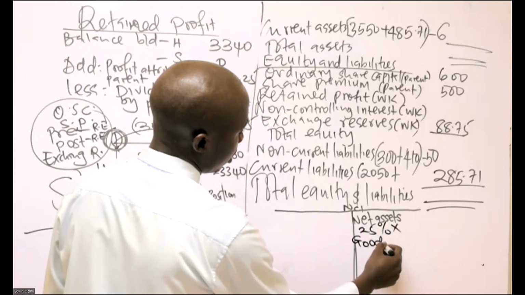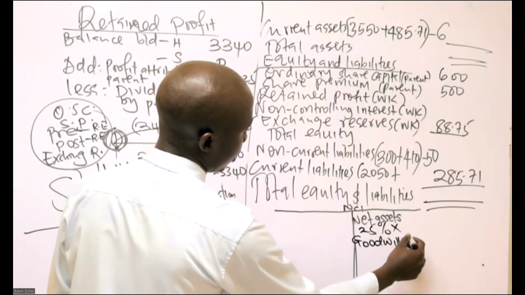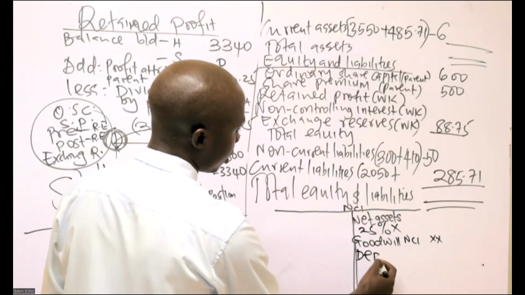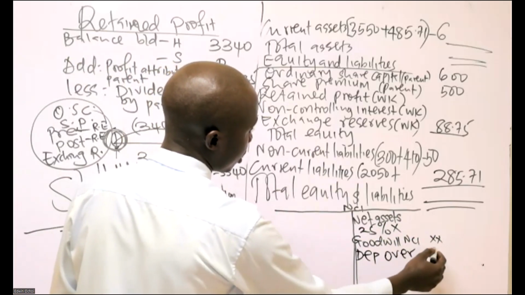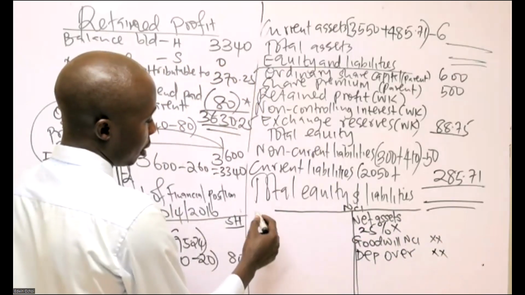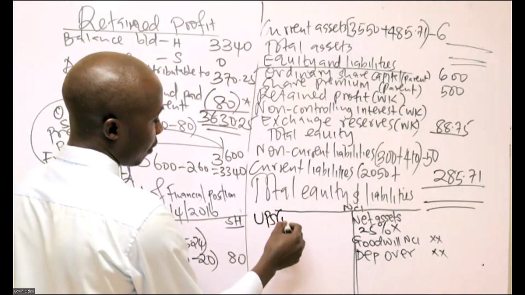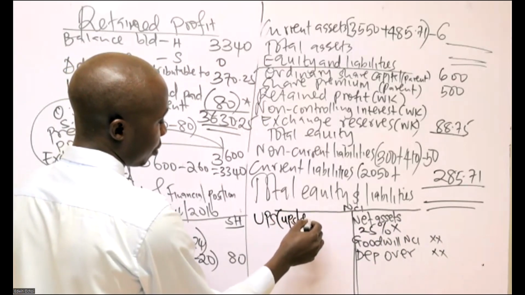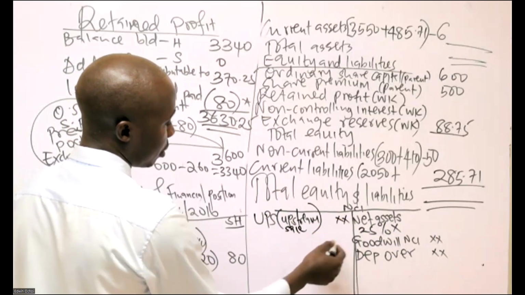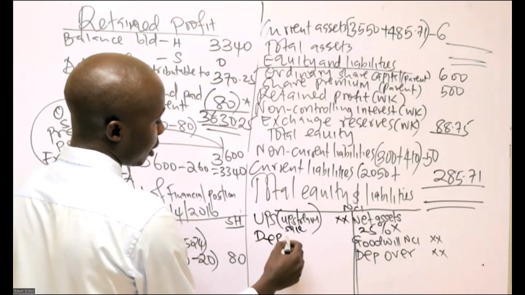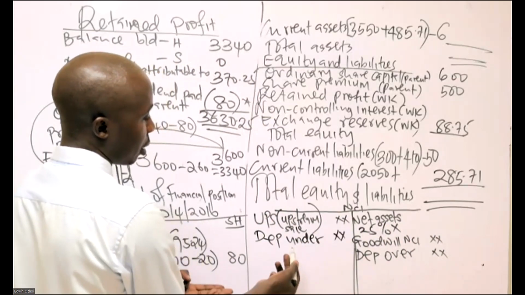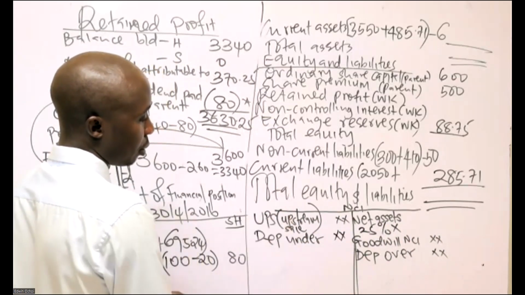Goodwill of NCI, we don't have. We never use the full method. Depreciation overcharge, we don't have because we don't have sale of fixed assets. UPS, if upstream sale, the sale was downstream. Depreciation undercharge, we don't have because the sale was downstream.